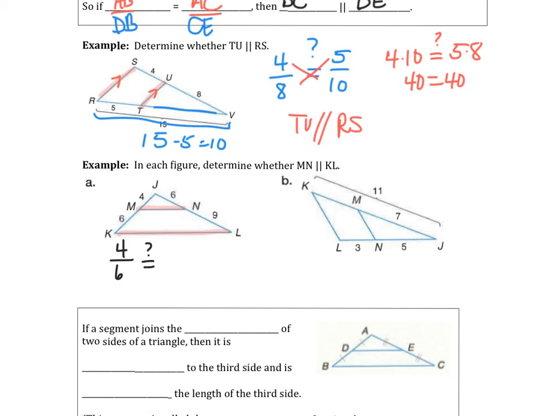We're looking at seeing if that's equal to 6 over 9. Setting up our cross products again. 4 times 9 is 36. 6 times 6 is 36. So sure enough, that's equal. So we can say that line MN is parallel to KL.